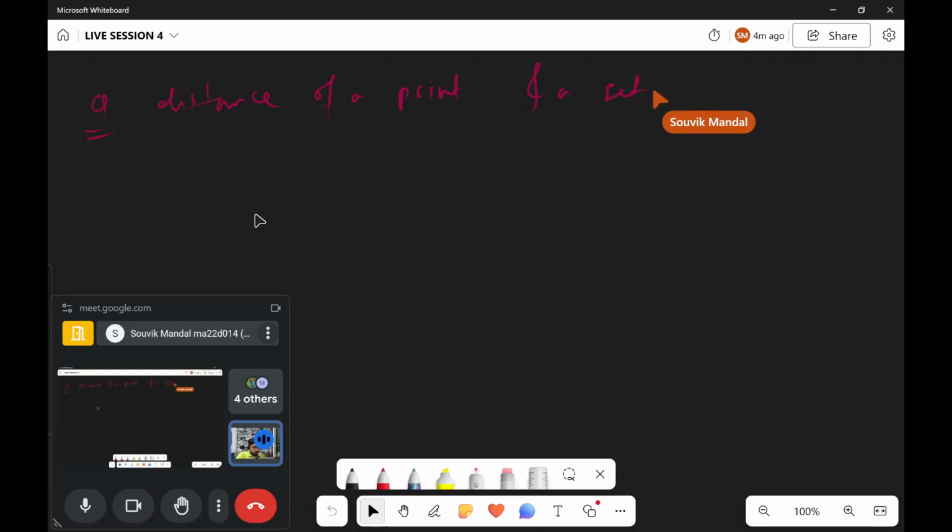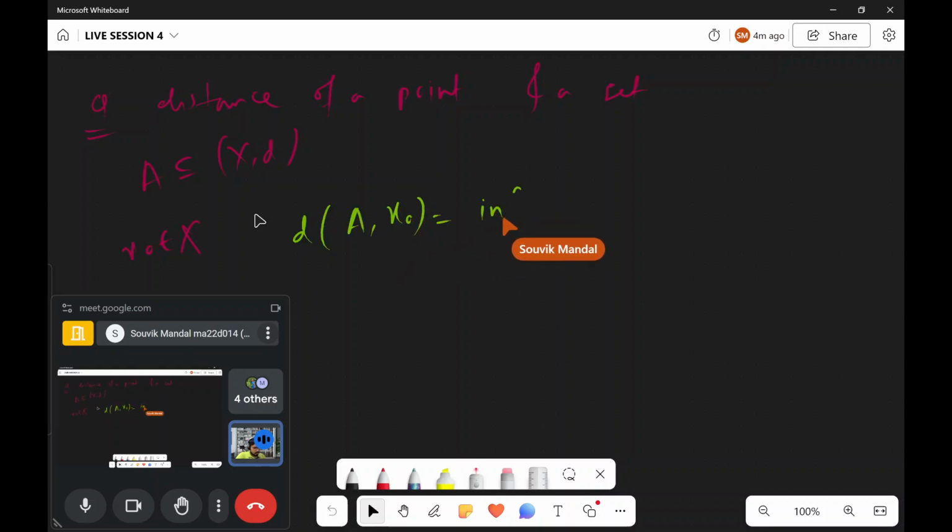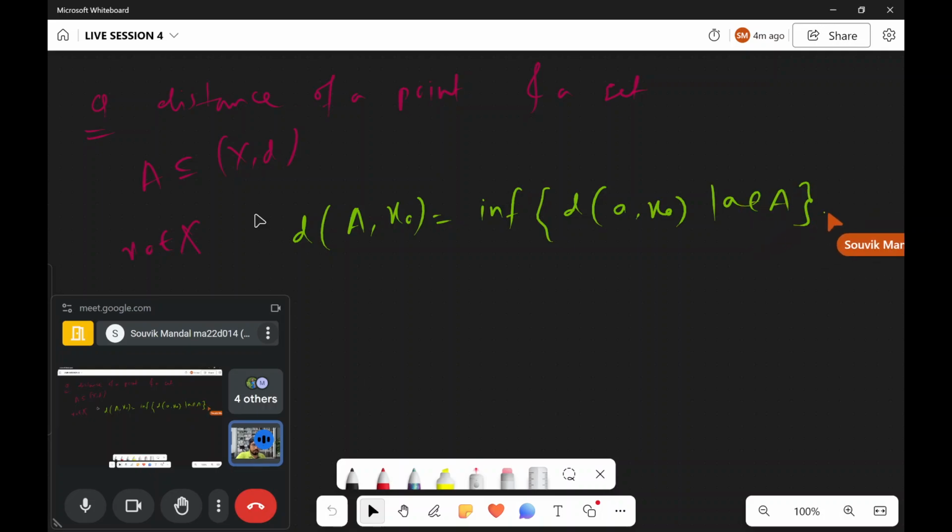Suppose A is a subset of a metric space (X, d), and suppose x naught is some point of X. Then d(A, x naught) is defined to be the infimum of d(a, x naught), a belongs to A. This definition only measures the distance of a point from a set.